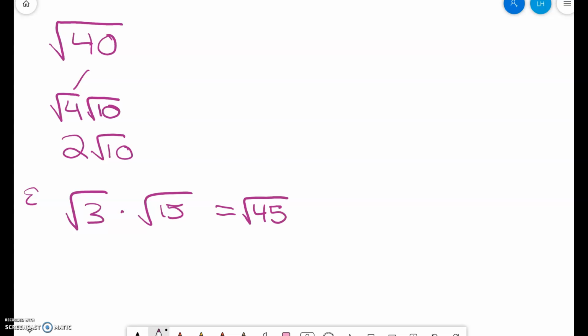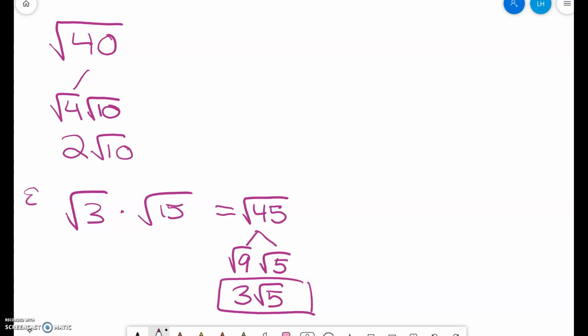If you think about the factors of 45, you may see that this is the square root of 9 times the square root of 5. Okay, and 9 is a perfect square, so the square root of 9 is 3, giving 3 square root of 5. So when I'm using my multiplication rule, I always need to look at that answer and see if it can be simplified.